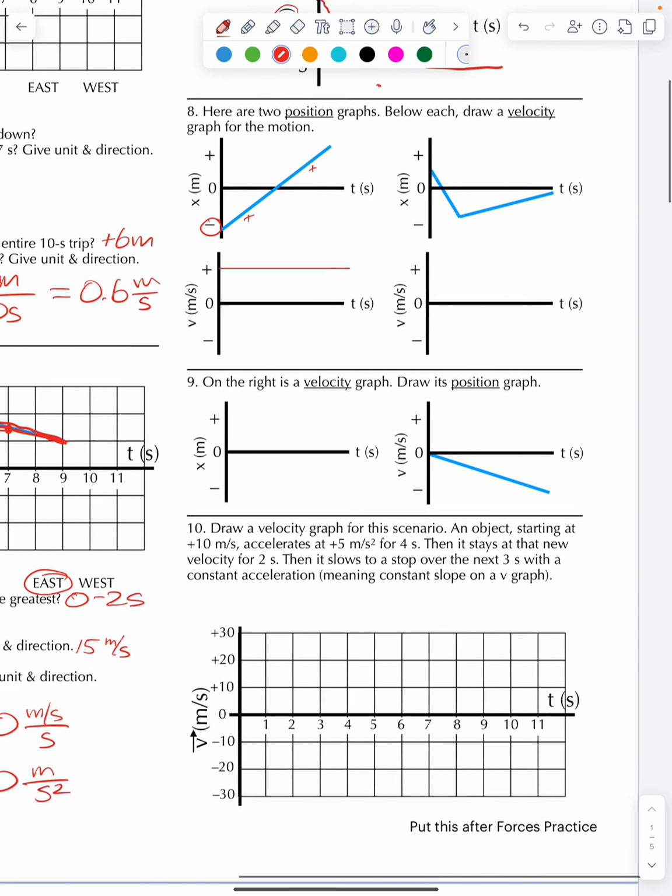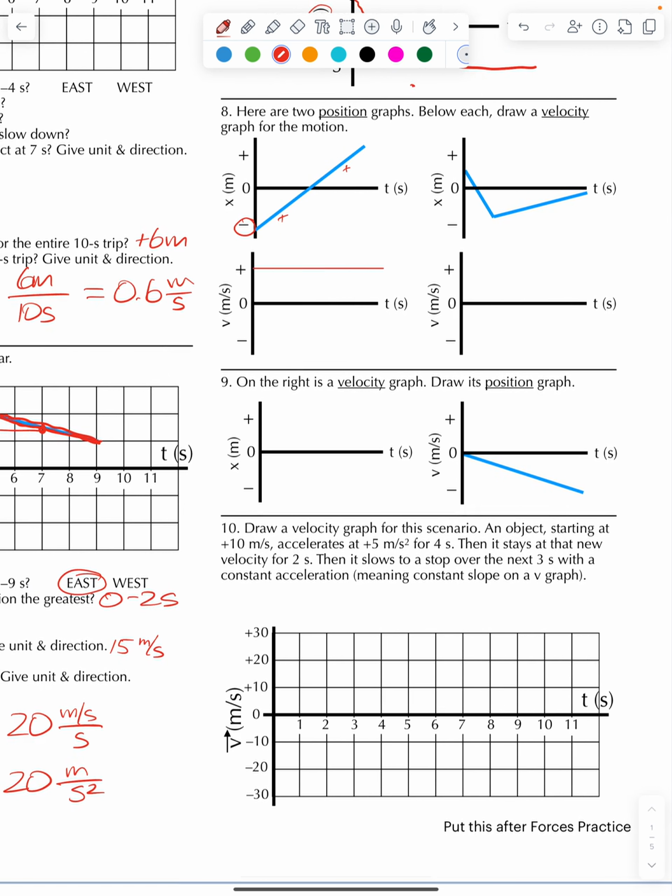Okay, the second one's a little bit trickier. So for this initial portion from here to here, we're heading in the negative direction, right? That's the position graph, at some constant speed, and that looks pretty fast, right? But then at that time, we start heading in the positive direction. Sure, we're not in the positive region yet, but we're heading in the positive direction at a constant velocity.